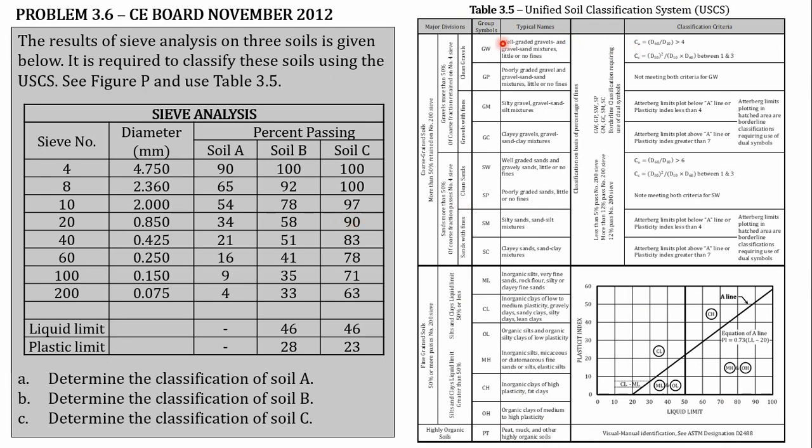In USCS class, there are two major divisions. Una is may tinatawag tayong coarse grain soils. Ito yan, and yung coarse grain soil class, yung category and classification niya nandyan. And the second major division class is may tinatawag tayong fine grain soils.